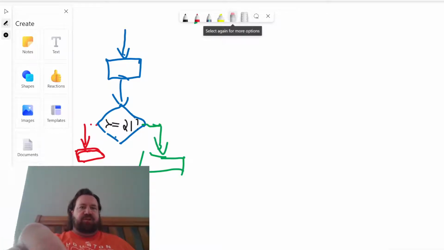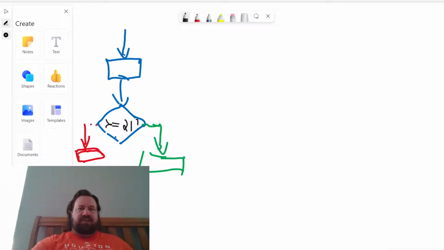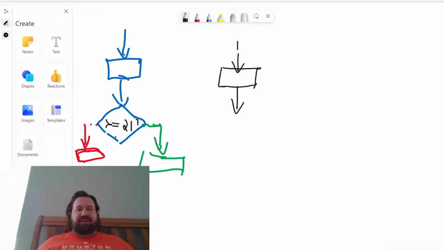But how does a computer make decisions? The answer is that a computer is a series of logic circuits. And one of the very basic logic circuits is one that can make a yes or no decision. And this logic circuit, which we'll just kind of represent as a little black box here, takes an input, and if that input is 1, then the logic circuit allows the input to pass right on through.